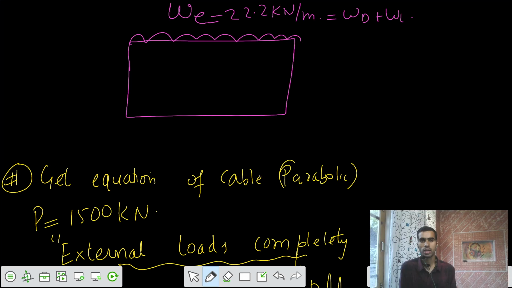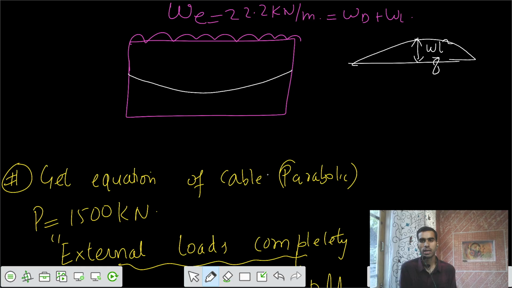I have to get the equation for the cable profile. Let's say the cable profile is somewhat in this way, corresponding to the BMD, some parabolic variation, WL square by 8. I would say the profile would be similar to that, but I want the equation for that.